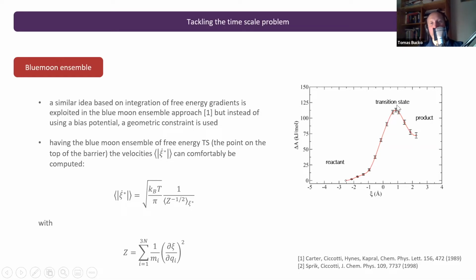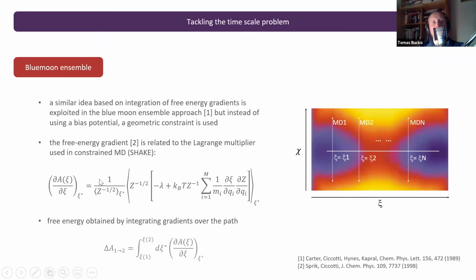And so performing a constraint simulation for the transition state, you get the ensemble of transition states that you need in calculations of the velocity term. In the case of the blue moon ensemble method, this calculation can be done very comfortably, because it can be shown that this term can be expressed using the constraint average of this inverse mass metric tensor, which is one of the ingredients used in free energy gradient calculation.